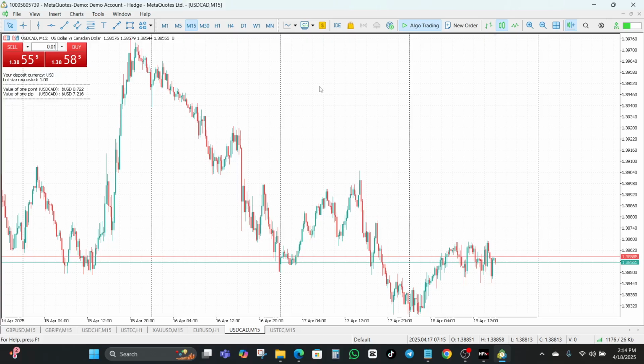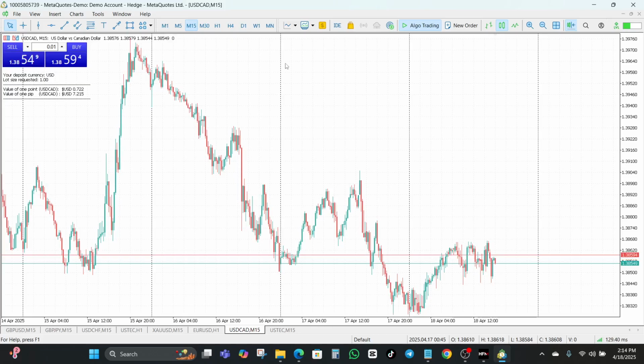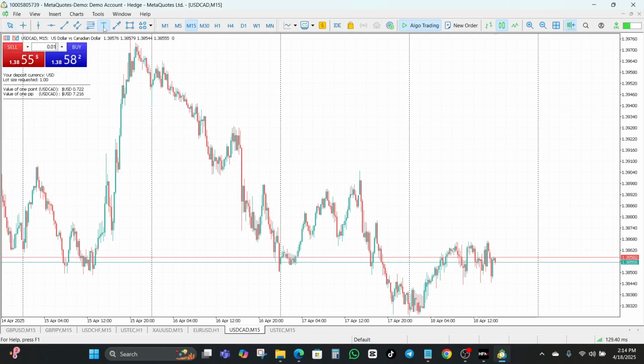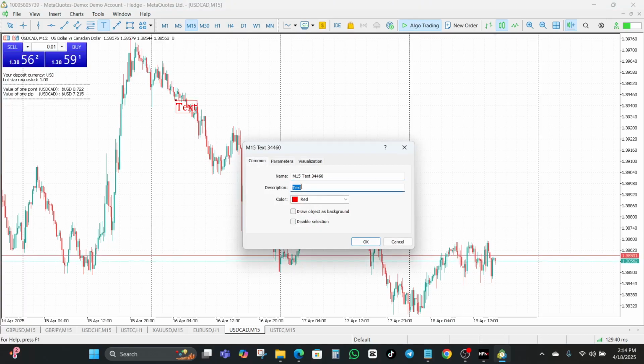Okay, but here's the deal. Lot size is not something you want to eyeball. You need to calculate it based on your risk management strategy. So here's a simple formula.